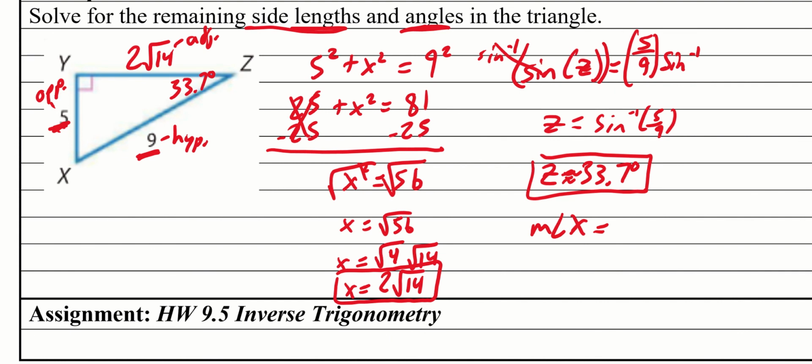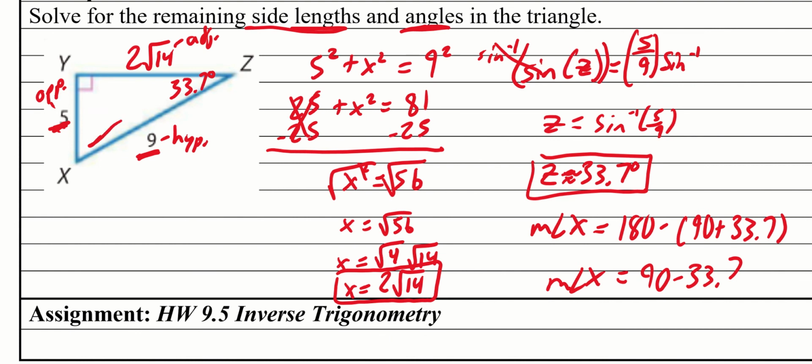Okay, so I could say 180 minus 90 plus 33.7. Or a simpler way of saying it, measure of angle x is the same thing as 90 minus 33.7. Because you know those remaining 2 angles here would have to add up to 90.